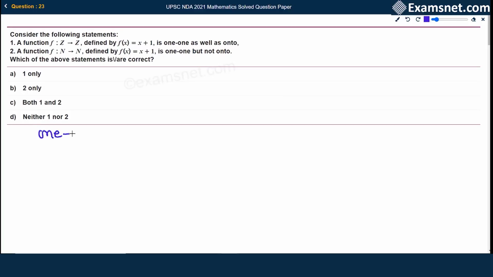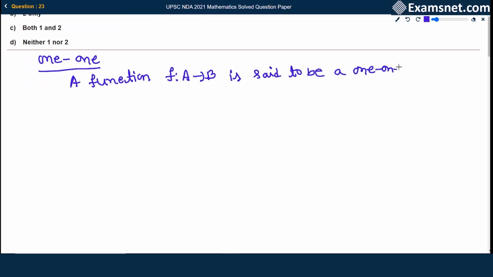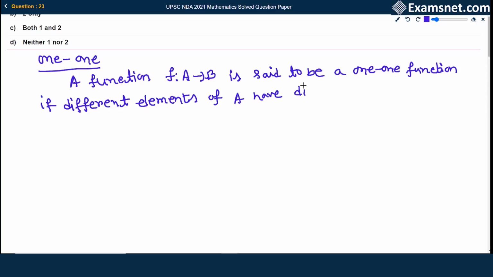So 1-1 mapping means a function f from A to B is said to be a 1-1 mapping or 1-1 function if different elements of A have different images in B.